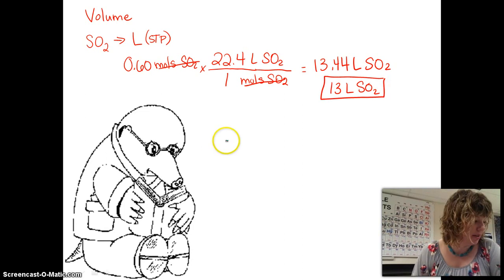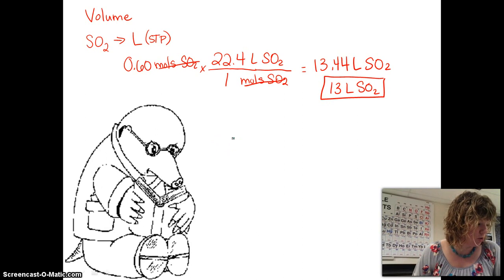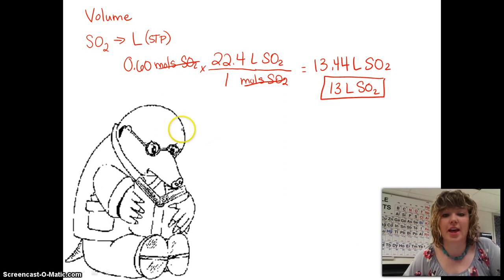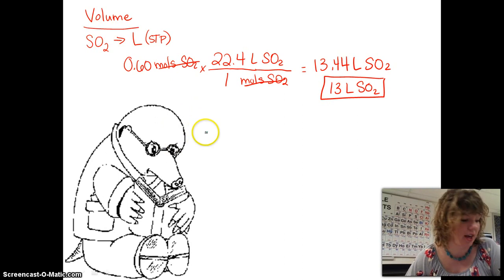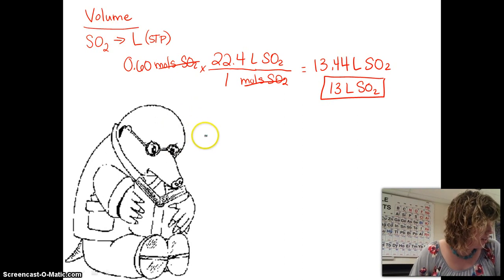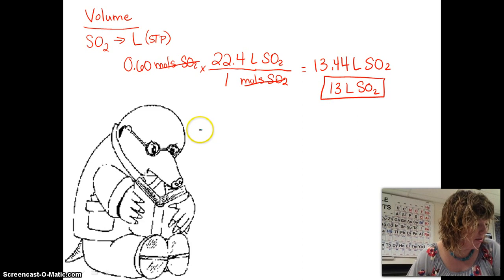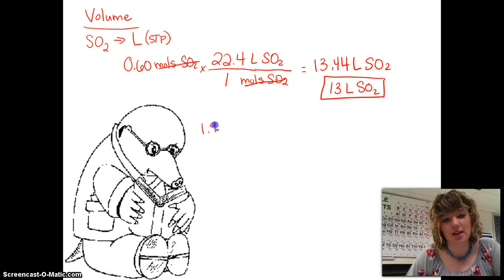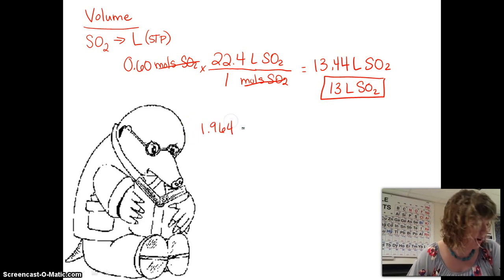All right, so let's go ahead and do another one. And let's use that idea of density so you can see an example of that. It says the density of a gaseous compound containing carbon and oxygen can be found to be 1.964 grams per liter.